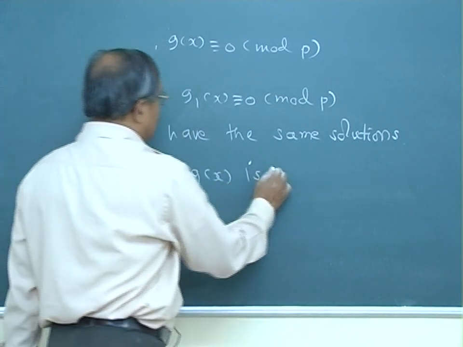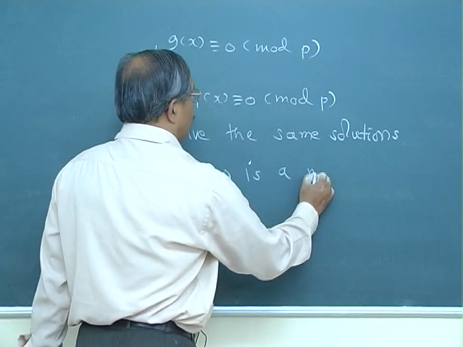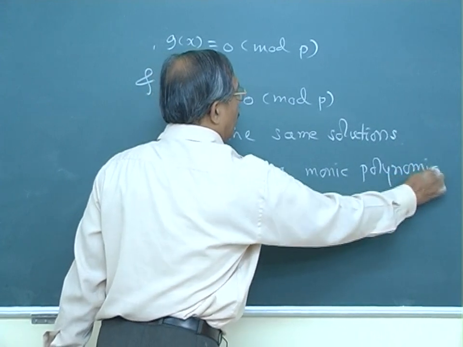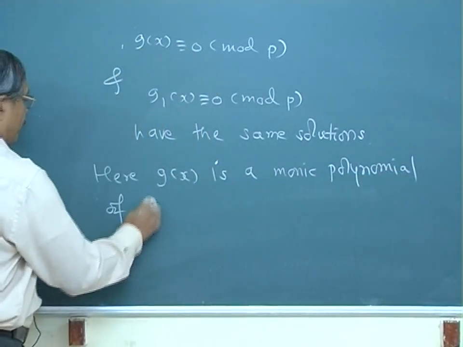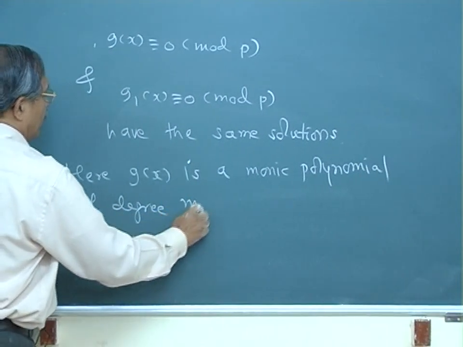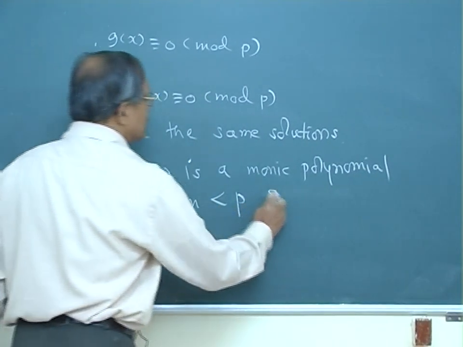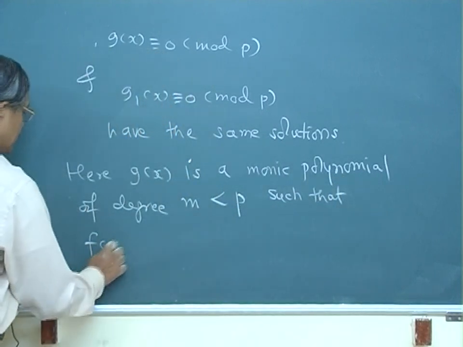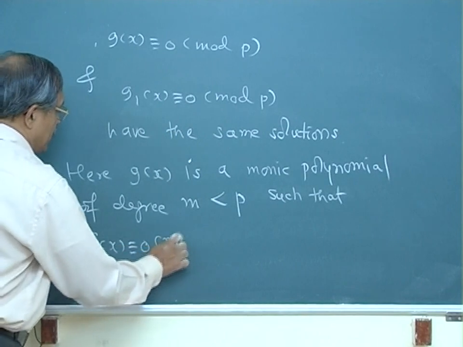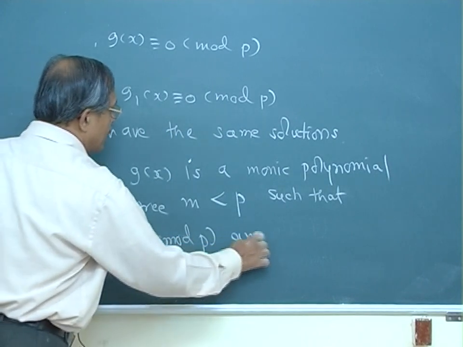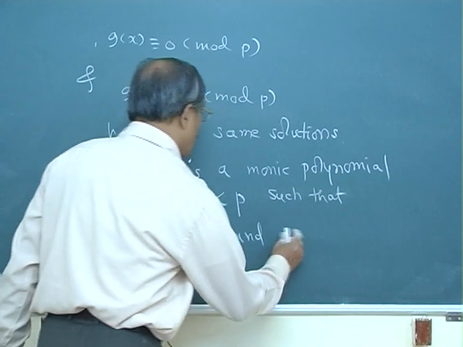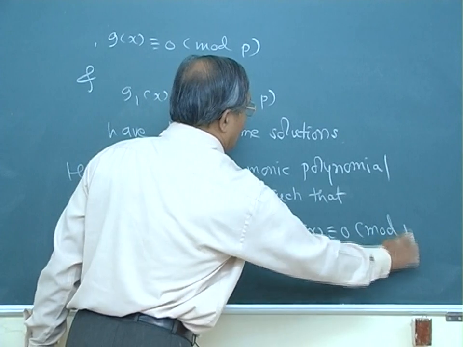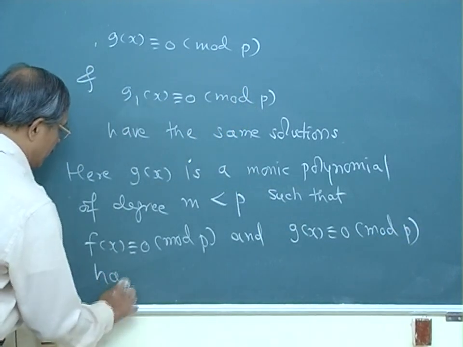So here Gx is a monic polynomial of degree m less than p such that fx congruent to 0 mod p and gx congruent to 0 mod p have the same solutions.